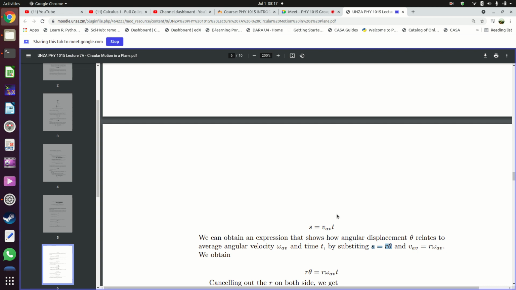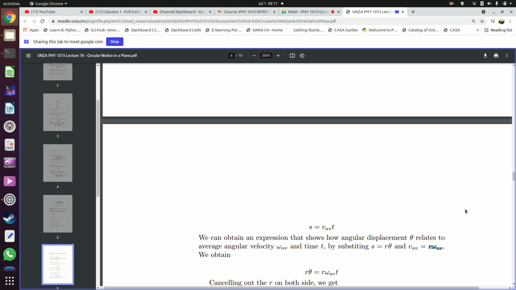And we know that V, velocity, is equal to r omega. But now we are talking about average velocity. So average velocity is going to be equal to r omega average.